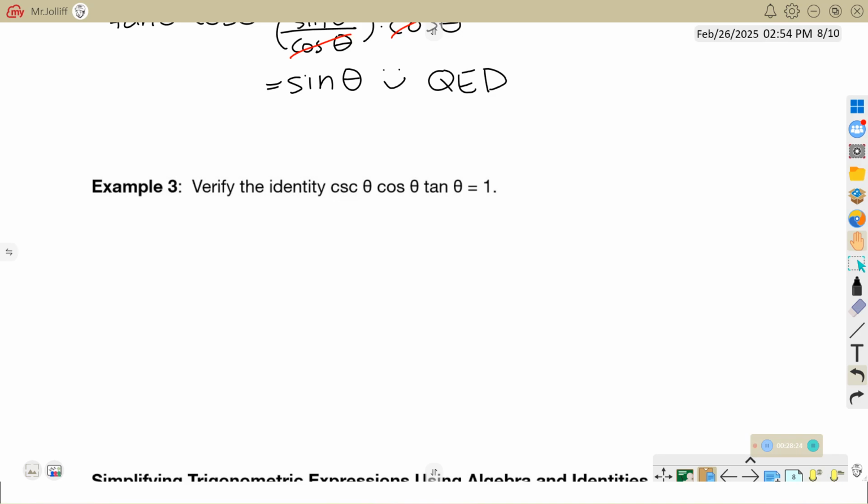Do I have a volunteer who's confident enough with their answer that they would be willing to share it with us on the board? Yes, come on. I think we're just writing with our finger today. One day I'll buy a stylus for the TV again, but not today.